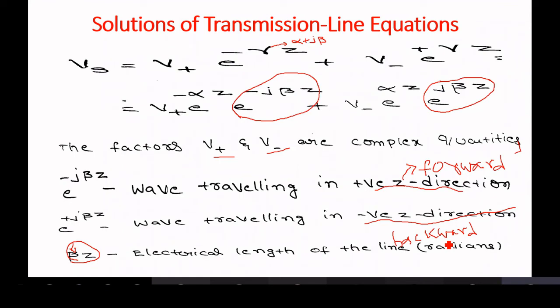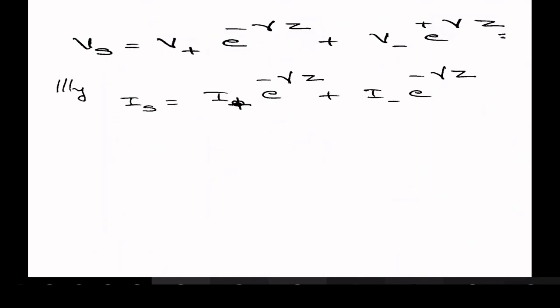So e power minus j beta z corresponds to the wave traveling in the positive z direction, or the forward wave, and e power plus j beta z is the wave traveling in the negative z direction, or the reflected or backward wave. Similarly for current, that was the solution corresponding to the voltage. Now we will see the expression for current. It will be similar to the voltage.